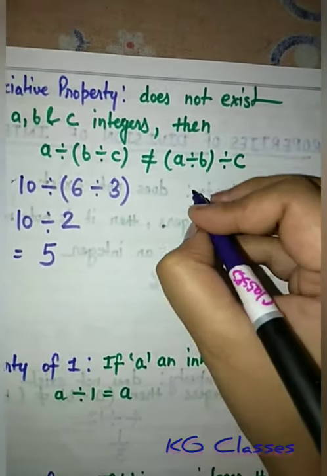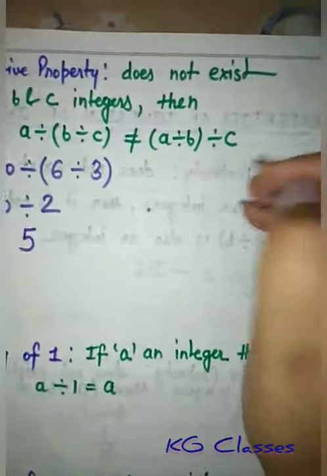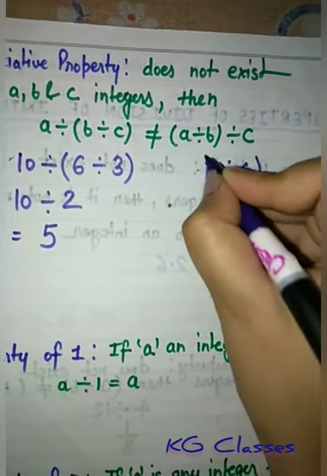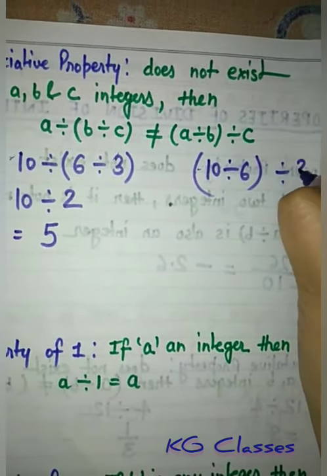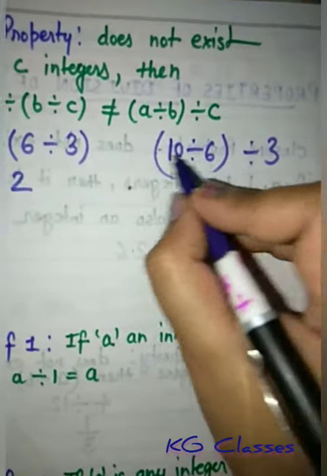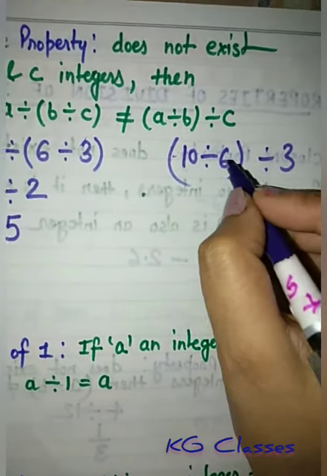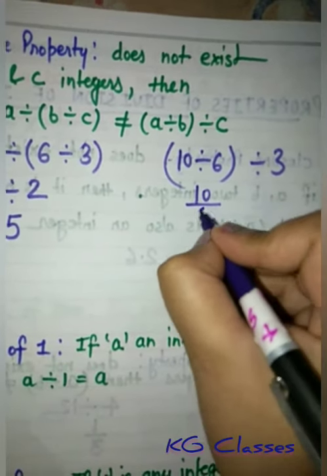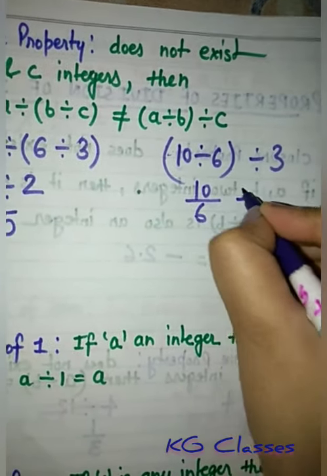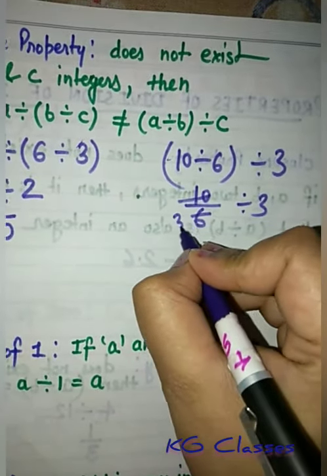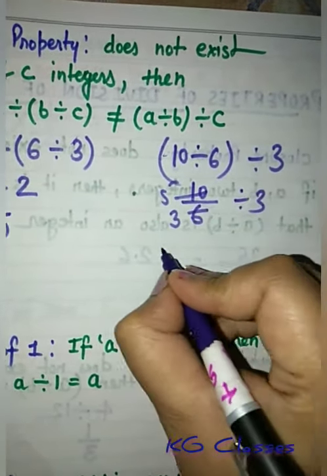Now if we change their position, then what will we have? 10 divided by 6 and then divided by 3. If we divide it by this, then what will we get? Here if we have this kind of situation, then 2 3s are 6, 2 5s are 10.